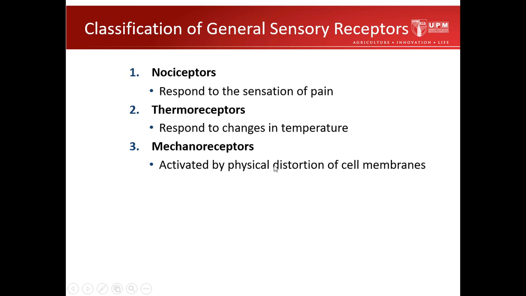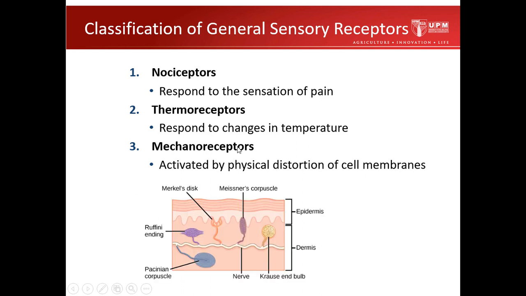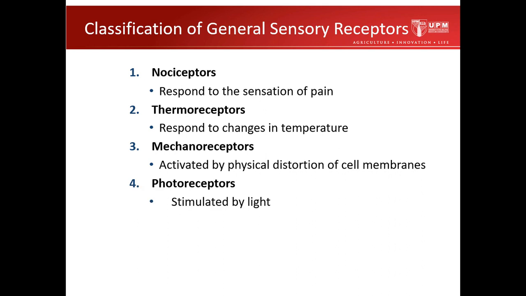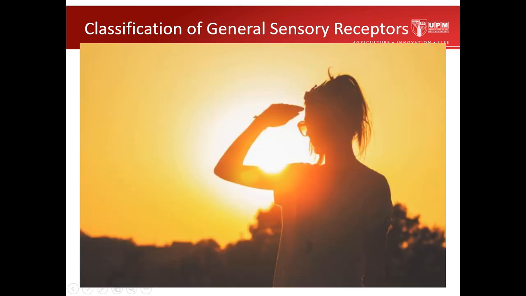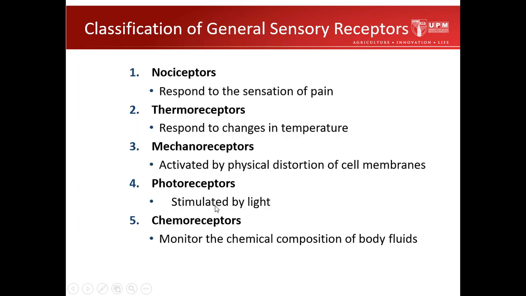The third receptor is mechanoreceptor. This mechanoreceptor is activated when there is a physical distortion of the cell membrane. Number 4 is the photoreceptor, which is stimulated by light. And number 5 is chemoreceptor, which monitors the chemical compositions of the body fluid.